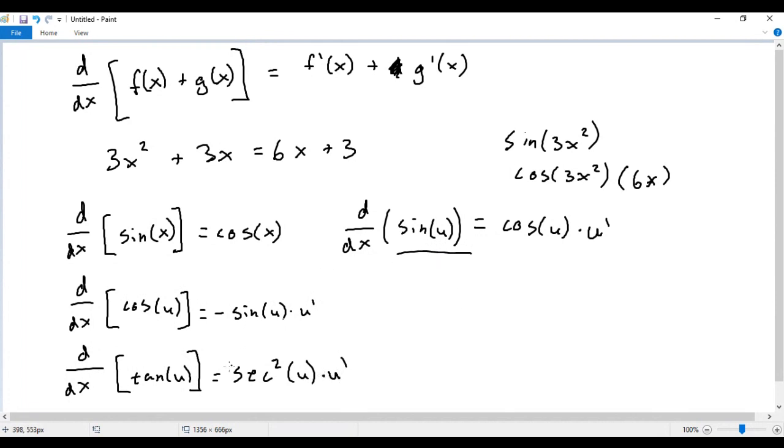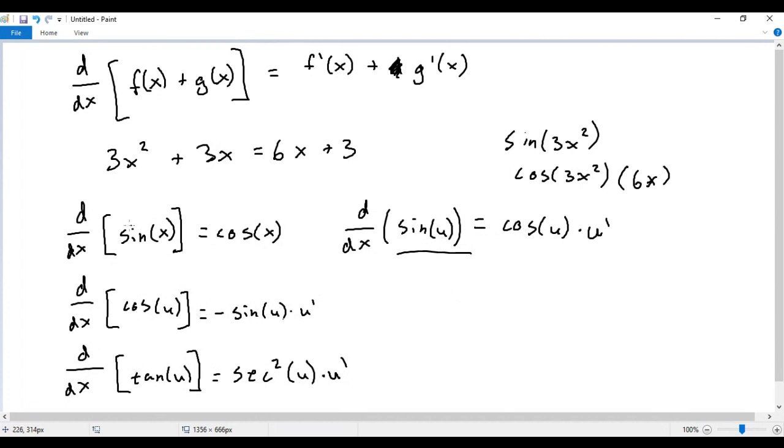And there are, of course, three other trig functions. You've got cosecant, secant, and cotangent, and you can look up their derivatives. You can just find those online. But they essentially follow the same pattern as this one.